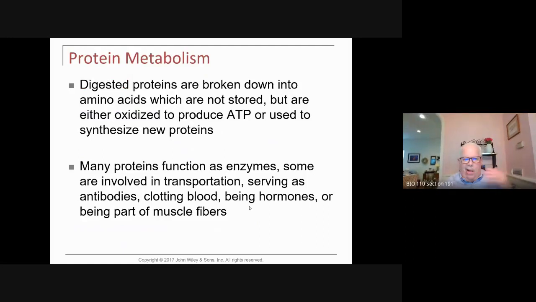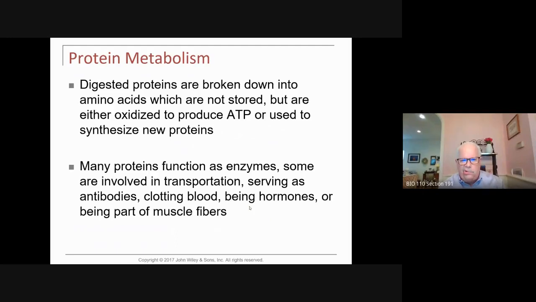Okay, carbohydrates, lipids, and now proteins. Please understand that proteins are not stored. You do not store proteins. All digested proteins are broken down into amino acids. They're either oxidized to produce ATP or they're synthesized to produce new proteins.